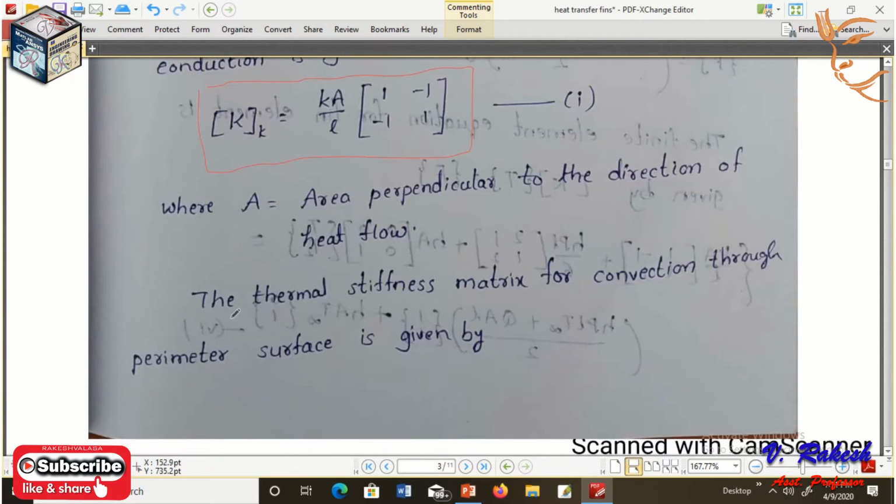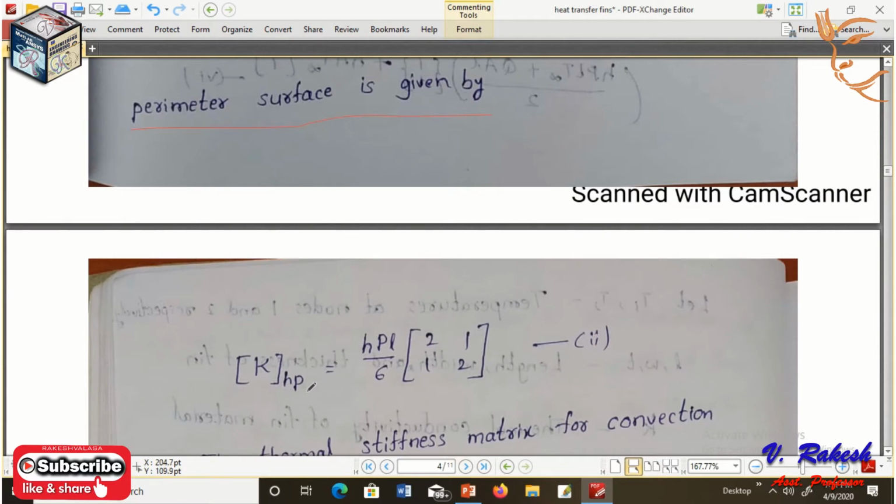The second condition is the thermal stiffness matrix for convection through the perimeter surface, given by K_hp equal to hPL by 6 [2 1; 1 2]. This is also derived in the previous class.